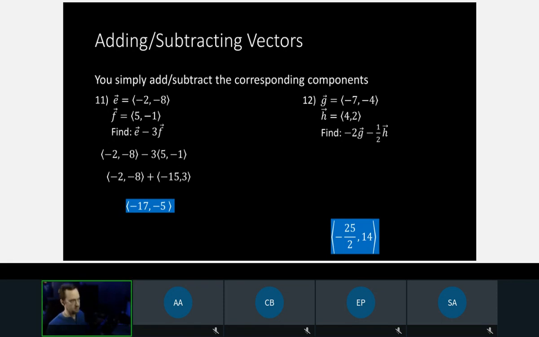All right. All right, so we have -2g. I'm just going to go ahead and set it up.